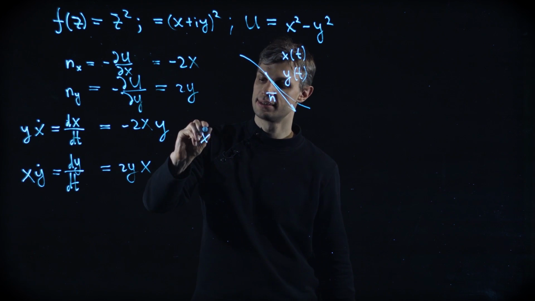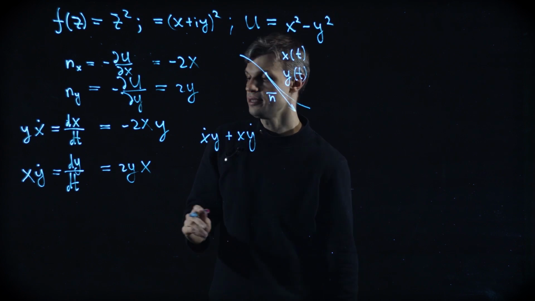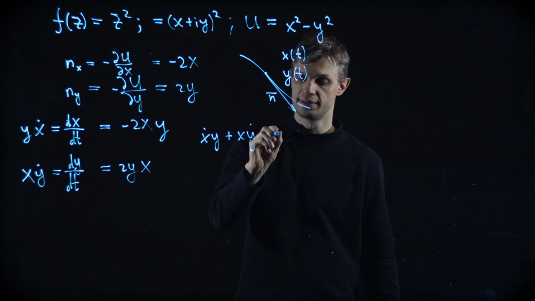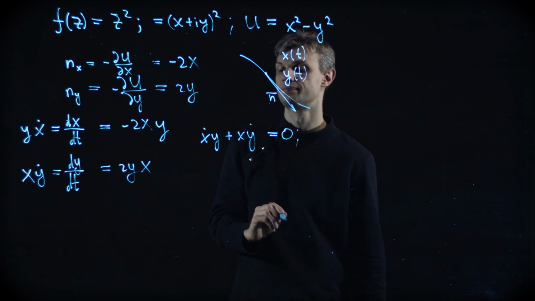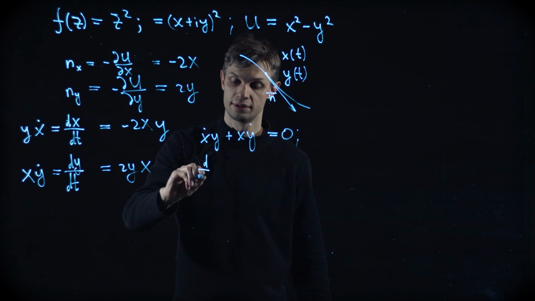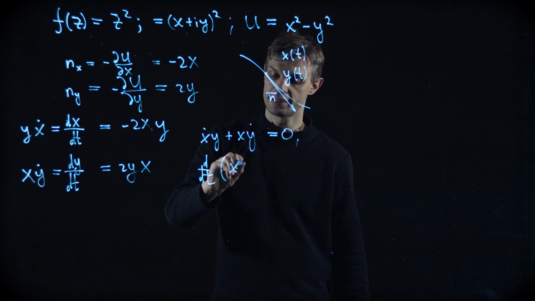So x dot y plus x y dot, and you see when we sum them up, the right hand side vanishes, and this is nothing but the derivative of the product of x and y.